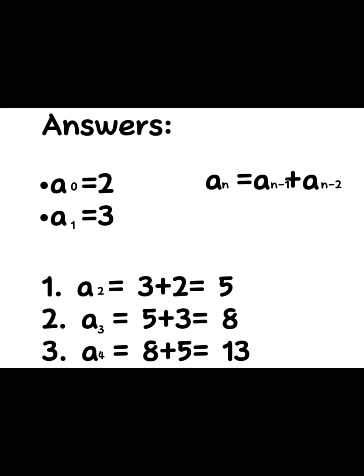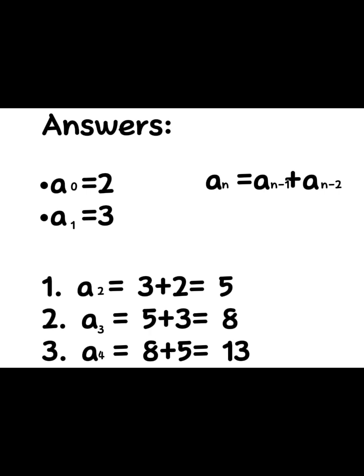Number 3, a sub 4. a sub 4 is equal to, as we already know, a sub 3 plus a sub 2, following our formula. And we know that a sub 3 is equal to 8, our number 2. And a sub 2, our number 1, is equal to 5.